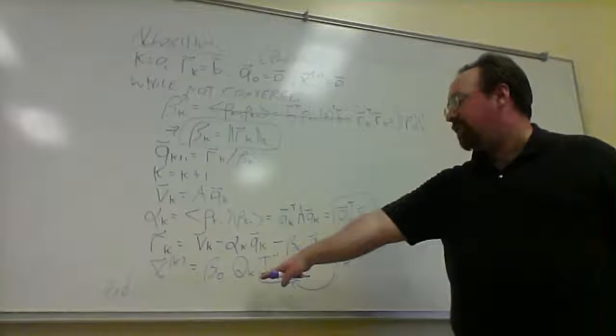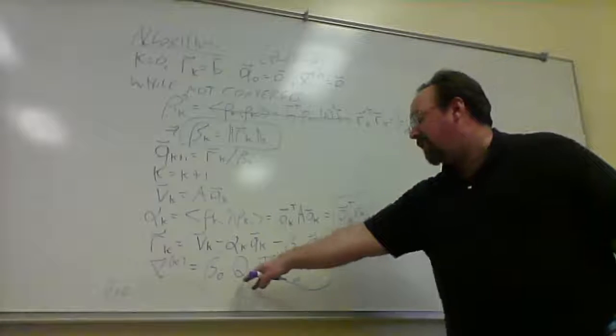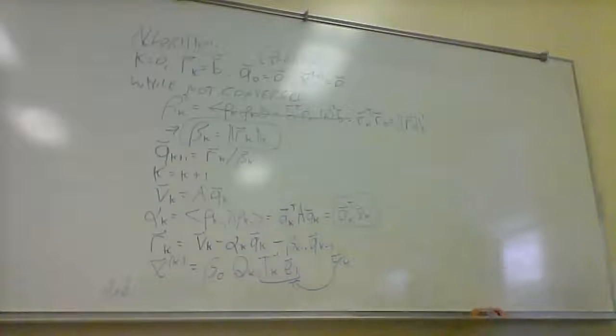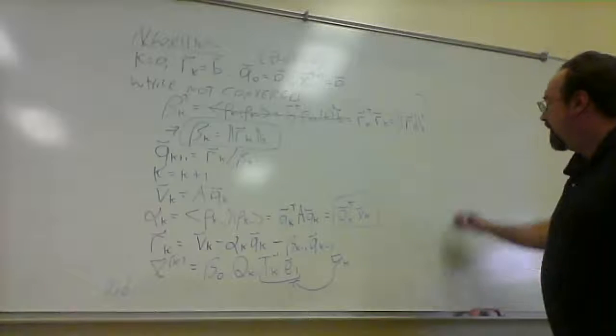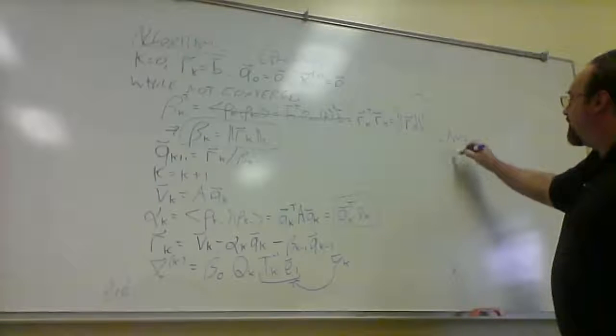But this is a form of solution I specified at the beginning, that xk is a linear combination of these normalized residuals that are now all orthogonal to each other. Okay, so this whole algorithm is known as Lanczos iteration.